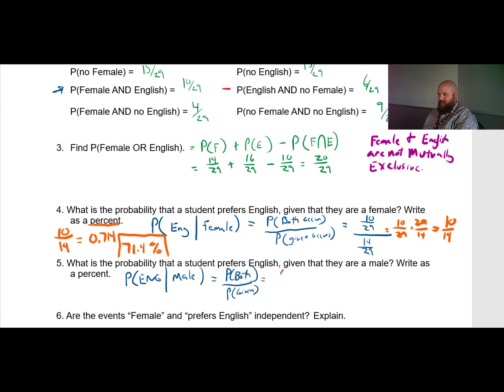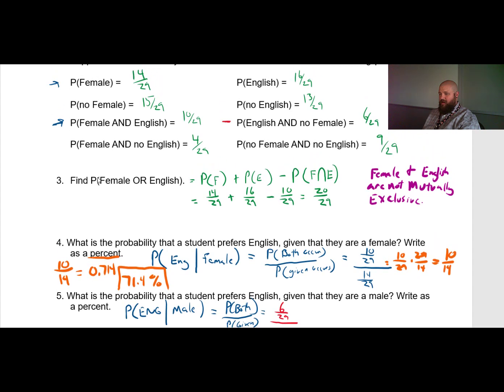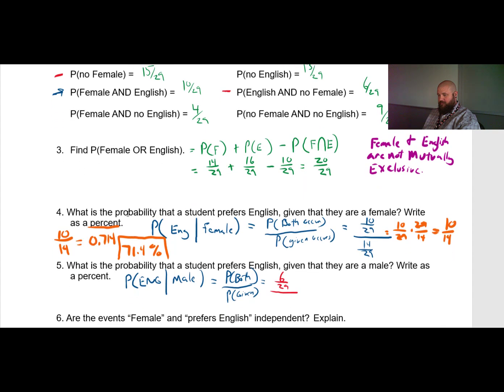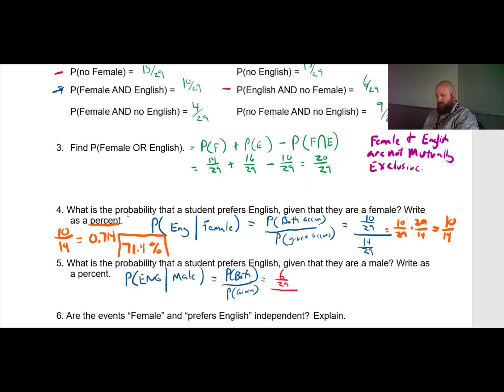So we've got 6/29 all over the probability of male. So the probability, what do we have for that one? The probability of no female, which should be 15/29. So we should get 15/29.